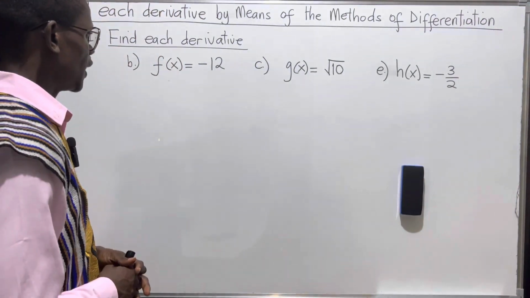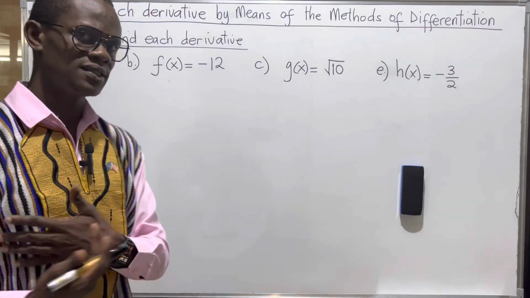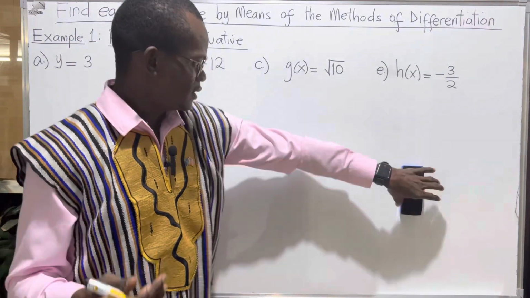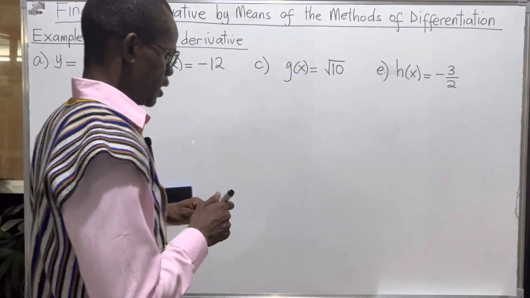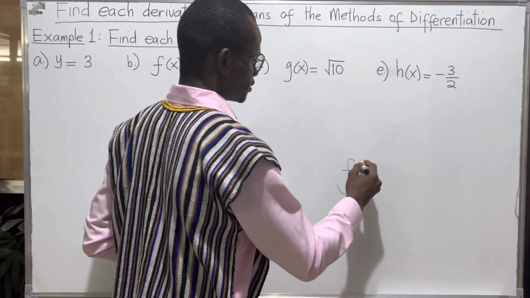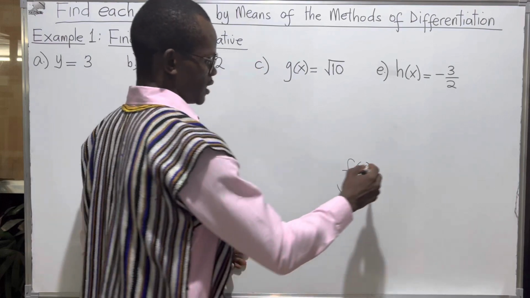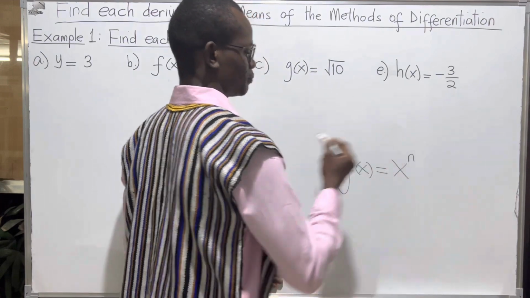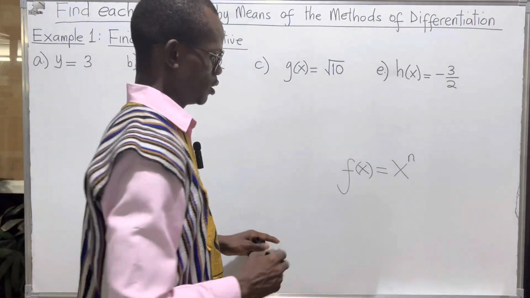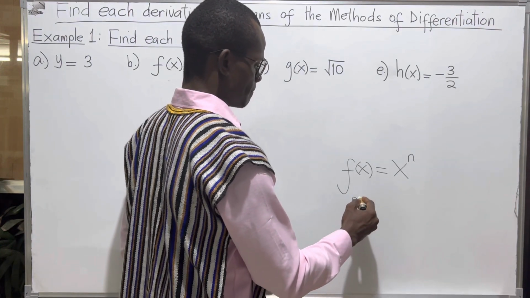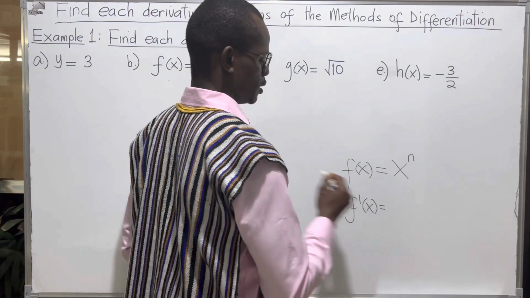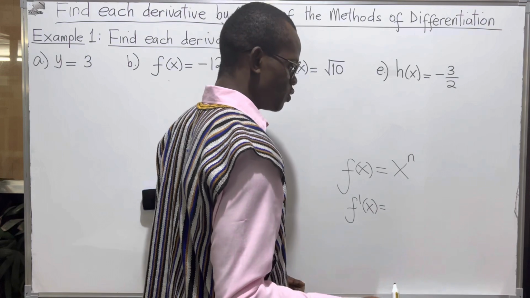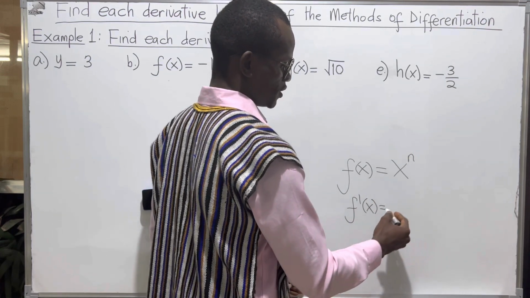Now we know from our previous discussion on the derivation of the power rule, we did say that if we have a function f of x equals x raised to the power n, and we want to find f prime of x, according to our derivation, it was proven that f prime of x equals n.